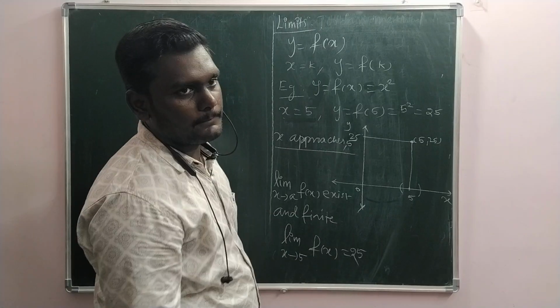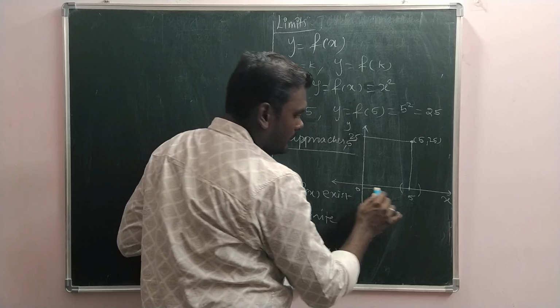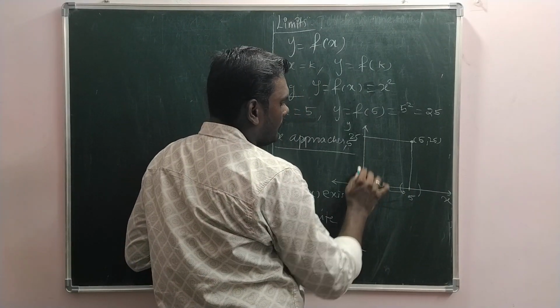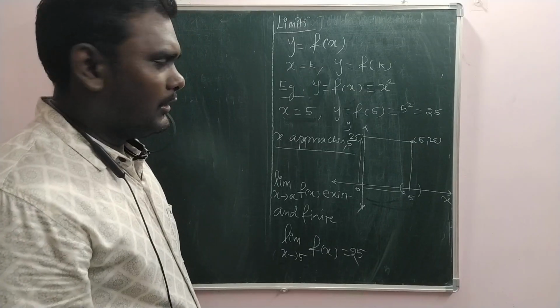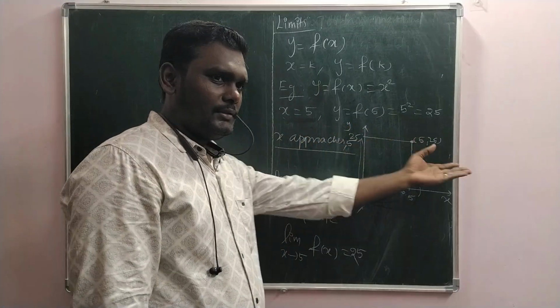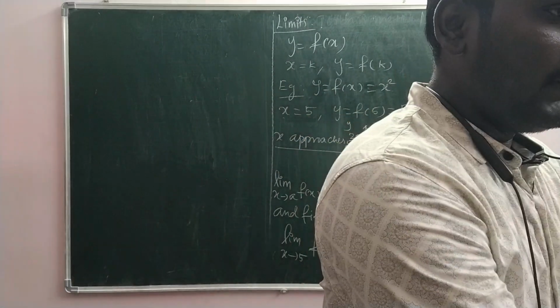That means when x is approaching towards 5, our f of x will be approaching towards this 25. Directly you can substitute 5, 25 we will get. But it is not working like that in many cases.